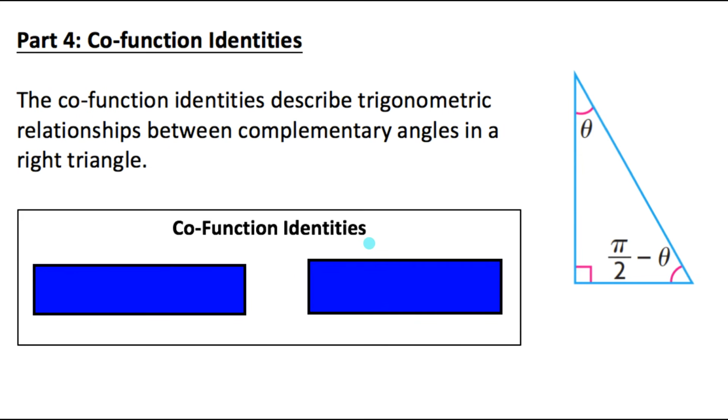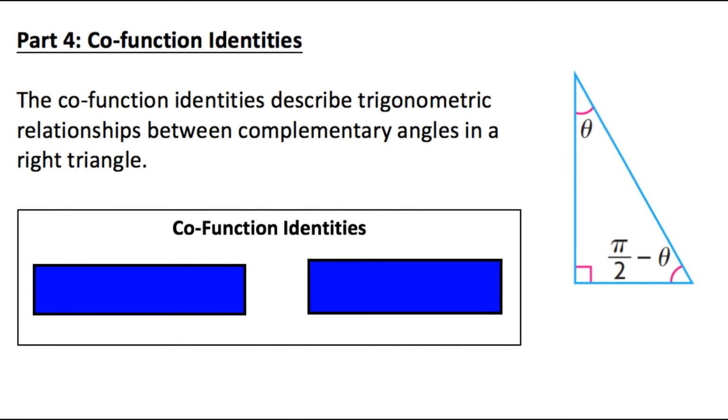The last new identity I want to show you for today is what's called the cofunction identity. What that does is it describes the relationship between complementary angles in a right triangle. So if we have a right angle triangle with some reference angle theta, I know the other angle could be calculated by doing 90 minus theta, or in radians, pi over 2 minus theta, right?